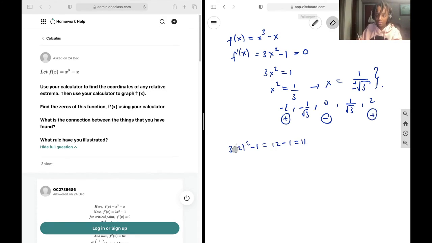So our function should look something along the lines of this.